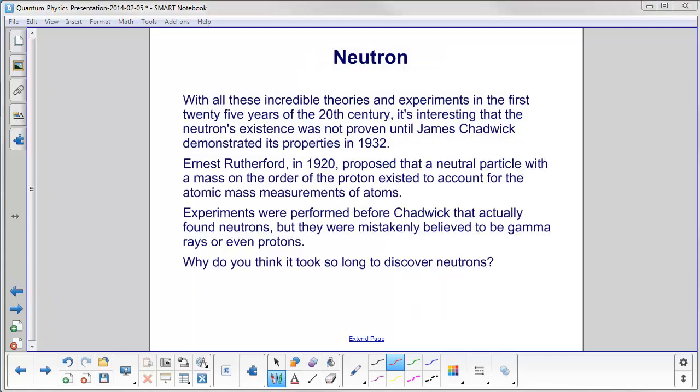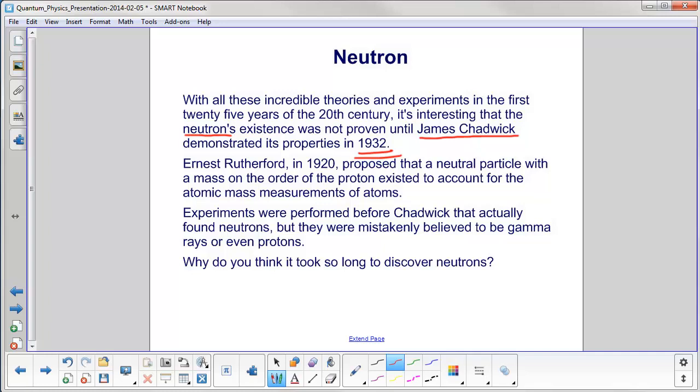With all these incredible theories and experiments in the first 25 years of the 20th century, it's interesting to note that the neutron's existence was not proven until James Chadwick demonstrated its properties in 1932. Back in 1920, Ernest Rutherford did propose that a neutral particle, which we now know to be the neutron, with a mass on the order of a proton existed to account for the atomic mass measurements of atoms.